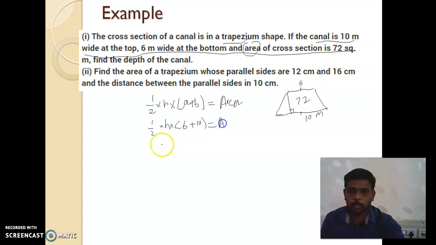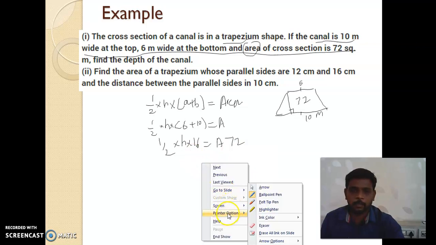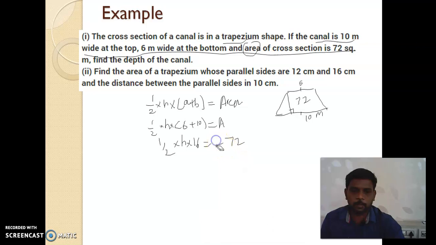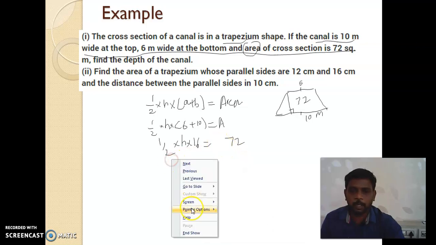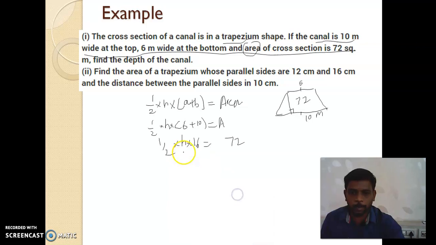Okay, so half into height into 16 equal to area. Okay, so area is nothing but 72, right? 72 given here already. So area given 72. So height only is the unknown value. So keep H here and the remaining on the right hand side, just to find out the height here.